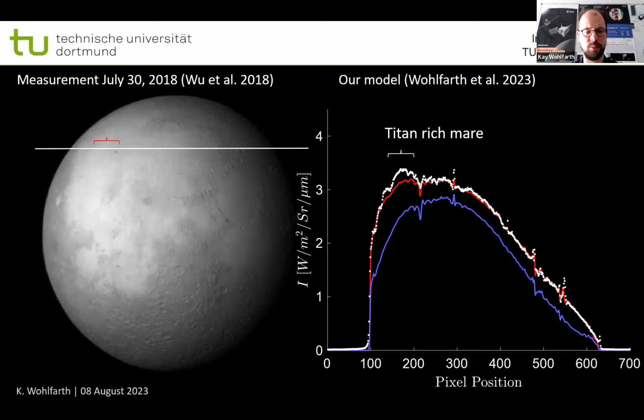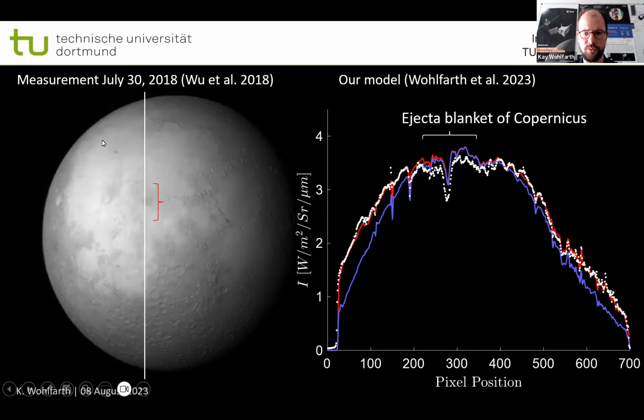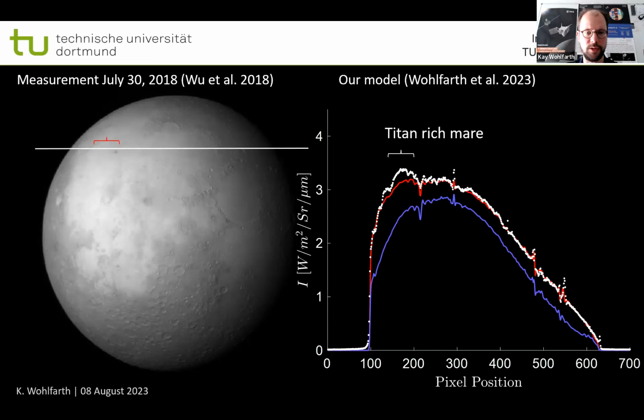And I used the Apollo samples to extrapolate from the 2.5 micrometer albedo to 2.8 micrometer, and probably this was not perfect at this point. It needs some revision, but it works well for all the other spots of the surface.